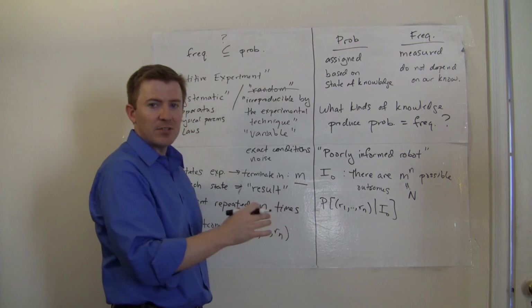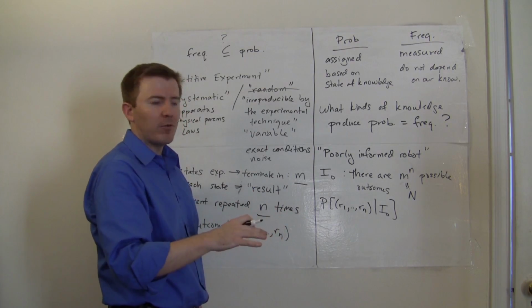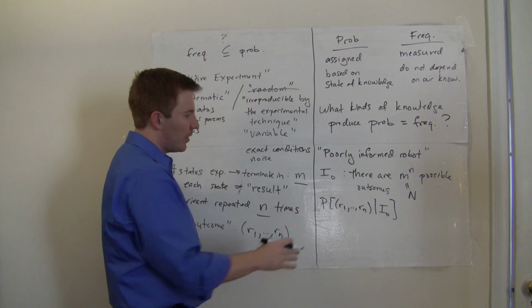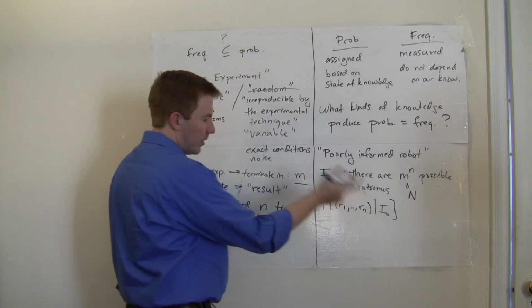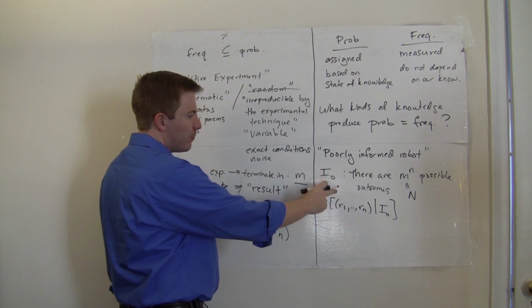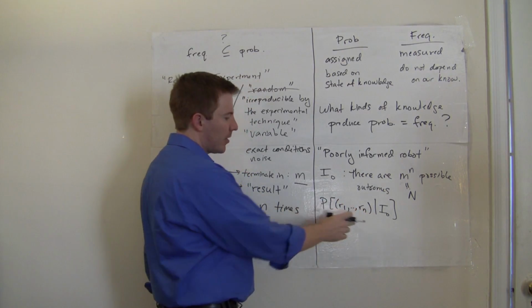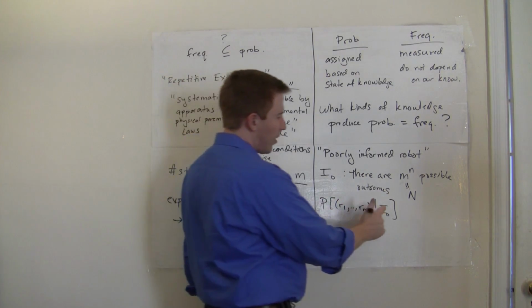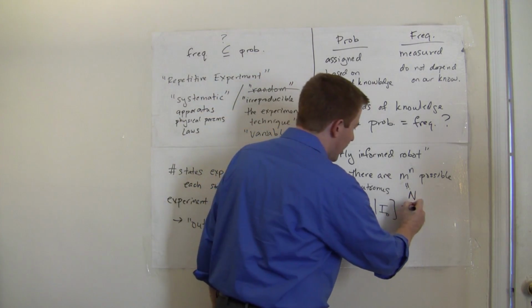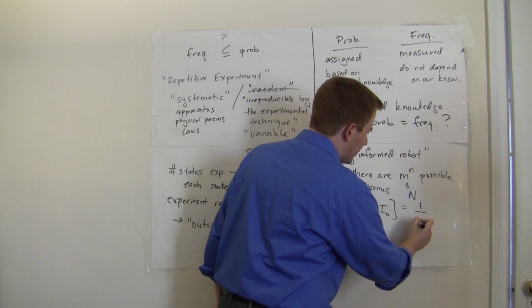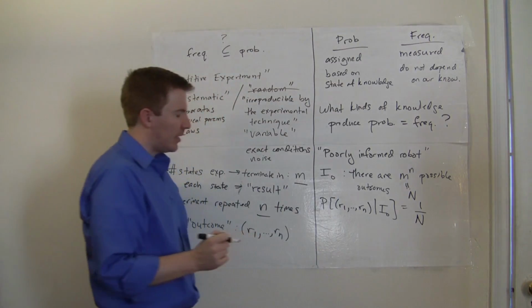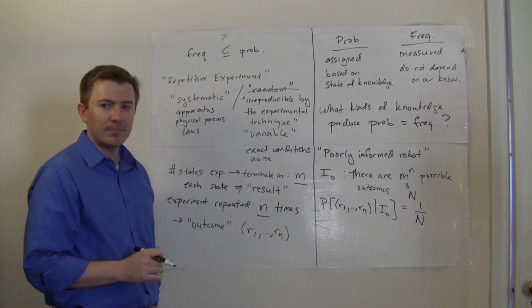It has no information to prefer one over the other, so it is what we described as indifferent to the different propositions. That means they're all going to have equal probability. These are mutually exclusive, exhaustive propositions. There are capital N of them. So it's going to be probability 1 over N for any individual outcome.